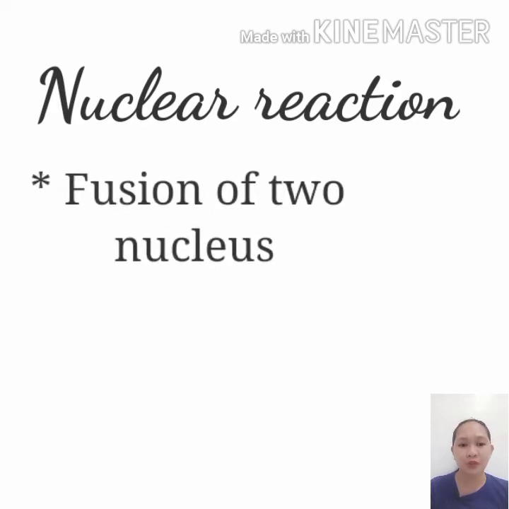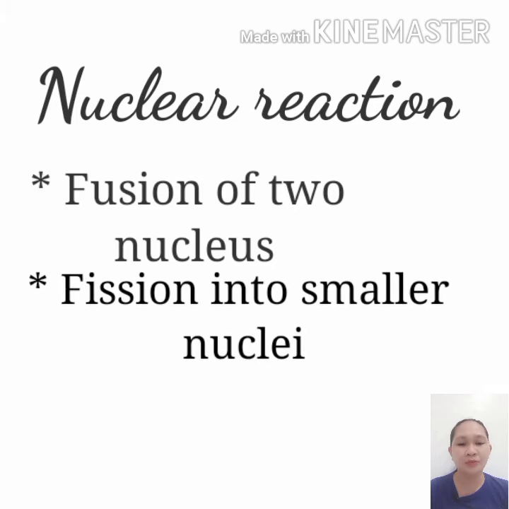Nuclear reactions are processes in which a nucleus either combines with another nucleus through nuclear fusion, which is a combination of two nuclei, or splits into smaller nuclei through nuclear fission. So as you can see, there is a big difference between fusion and fission.